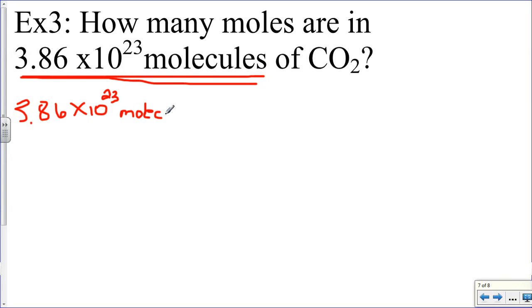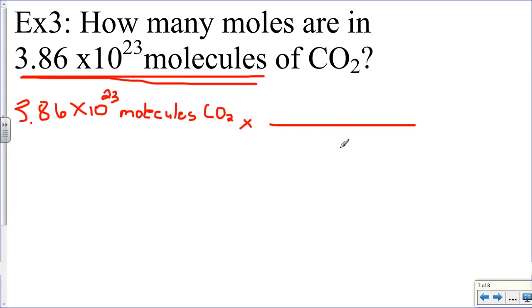Wow, my writing is terrible. CO2, carbon dioxide. I have to get rid of the unit, get it to cancel off molecules, carbon dioxide. So where's it going to go? Top or bottom? It's got to go diagonal to it.